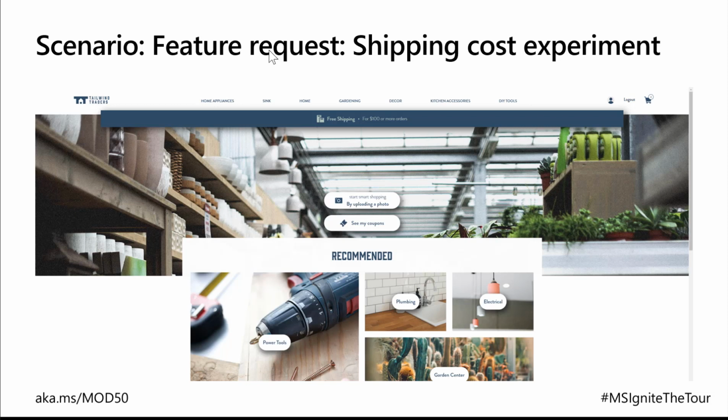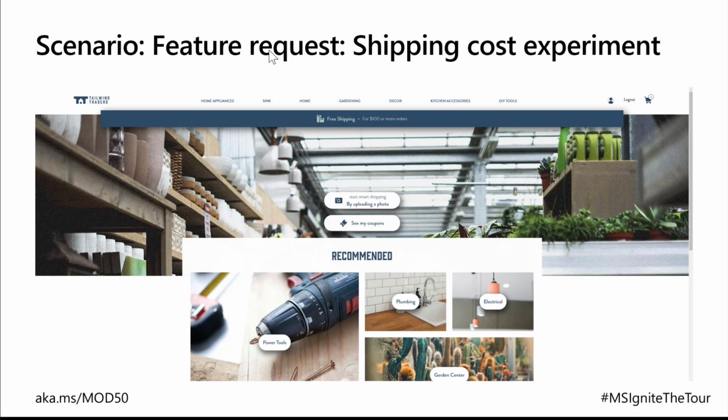Okay, so basically the idea here is let's have an experiment where we change the shipping cost to see if that affects the sales. The ops team and the dev team come back to the sales team and say, hey, I've got a way you can do this called A/B testing. So what we'll do is we'll have half of the people over this holiday weekend routed to the $100 free shipping, and we'll have half the people routed to the $250 free shipping. We'll monitor activity, and we'll see which one of them results in the better margins.